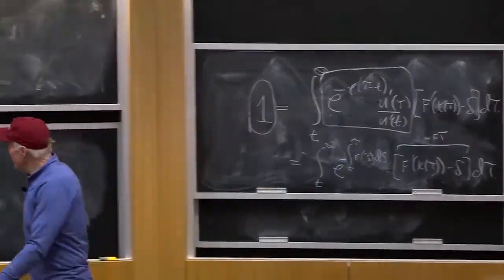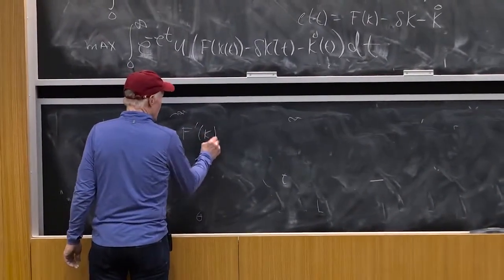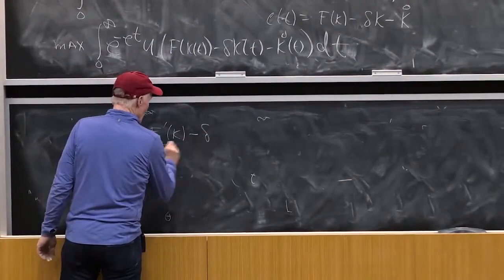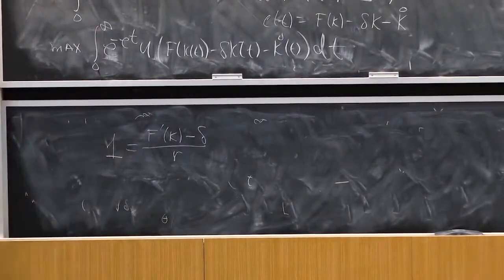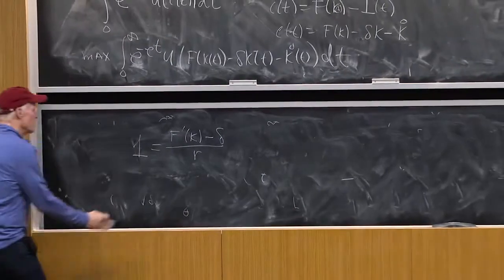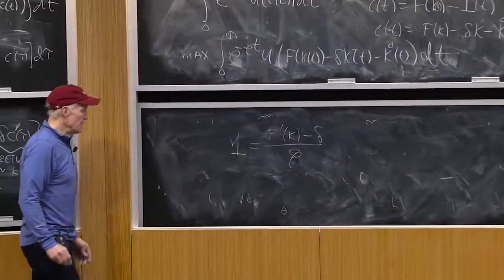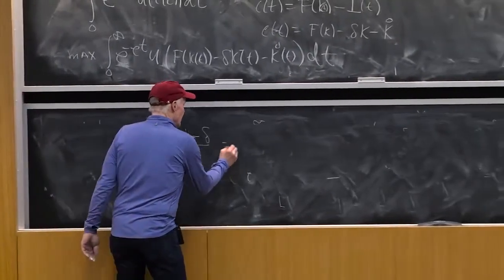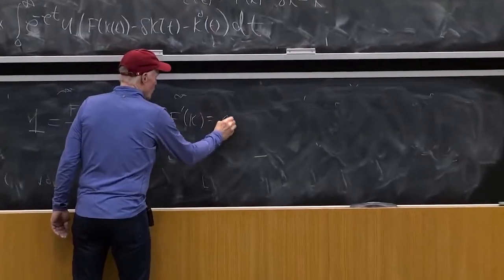So our steady state is going to be f prime of k minus delta over rho equals 1. That's going to be our steady state. Which implies f prime of k equals rho plus delta.